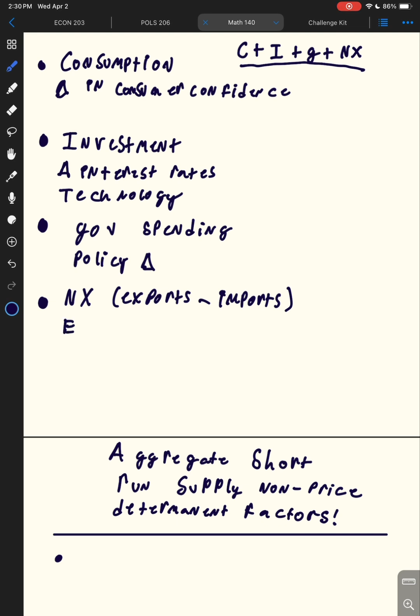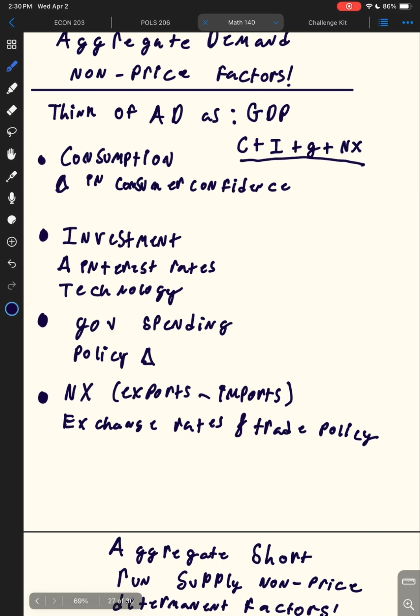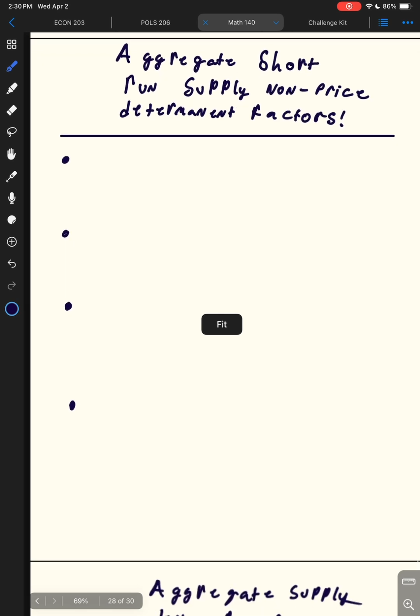Which can bring different exchange rates and trade policies. Now that is for the aggregate demand non-price factors.